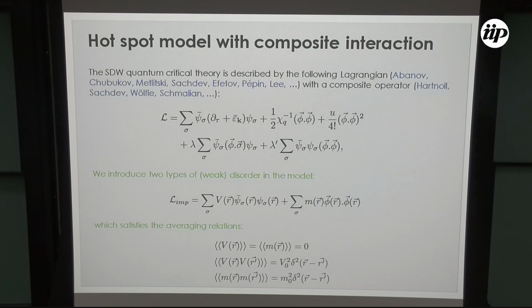So we have to include a source of momentum relaxation, and for that we are going to specify this mechanism here, which will be impurity scattering. So we're including two terms. One will couple to the fermionic fields, and the other term will couple to the bosonic fields. And this must satisfy these standard averaging relations here.